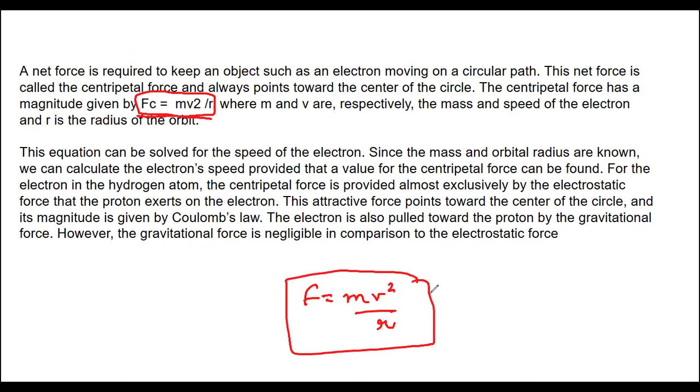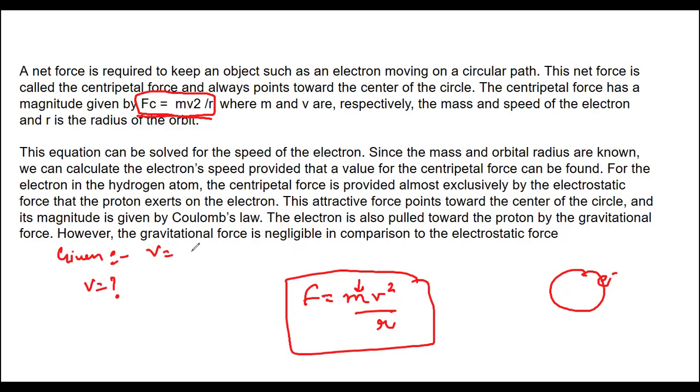So this is a centripetal force that is acting on an object moving in a circular path, like our electron in this scenario. Now, what is my unknown? What I'm looking for is V. Mass is given to me. Whenever I'm solving a question, I like to break down the information into pieces.